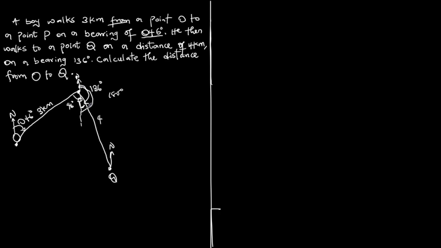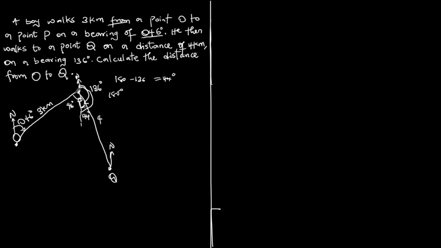From this point to this point is 136 degrees. It means that this small angle will be gotten by subtracting 136 from 180 degrees. And that gives us 44 degrees. So it means this angle is 44 degrees.